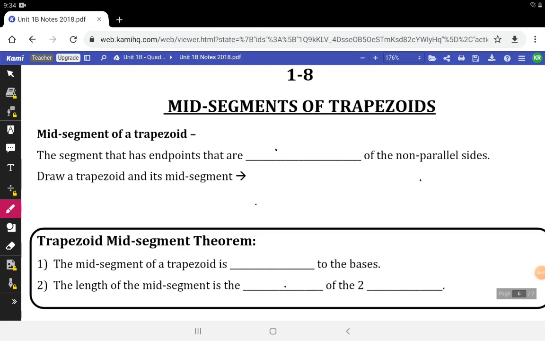Last property that we need to talk about are midsegments of trapezoids. So the midsegment of a trapezoid is literally a segment that has endpoints that are midpoints of the non-parallel sides. So if I draw a trapezoid, remember I've got to draw one pair of parallel sides.